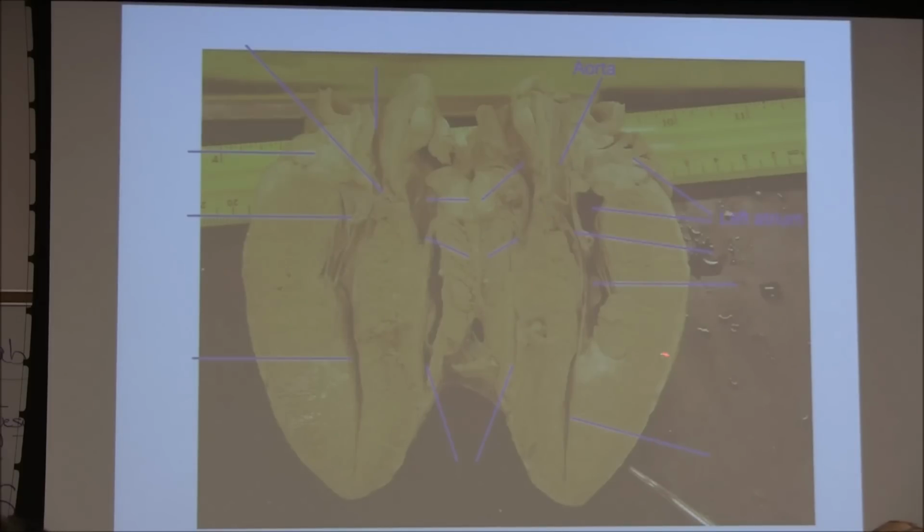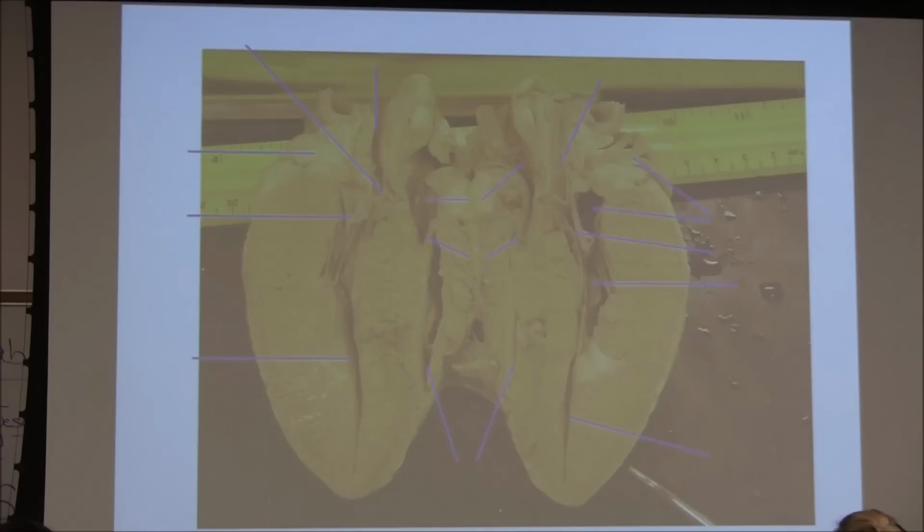So this is left here, and that's left there. The heart has been cut in half and opened like a book. So this is left. That is also left. You can tell by the thickness of the wall. Is everybody that far with me?